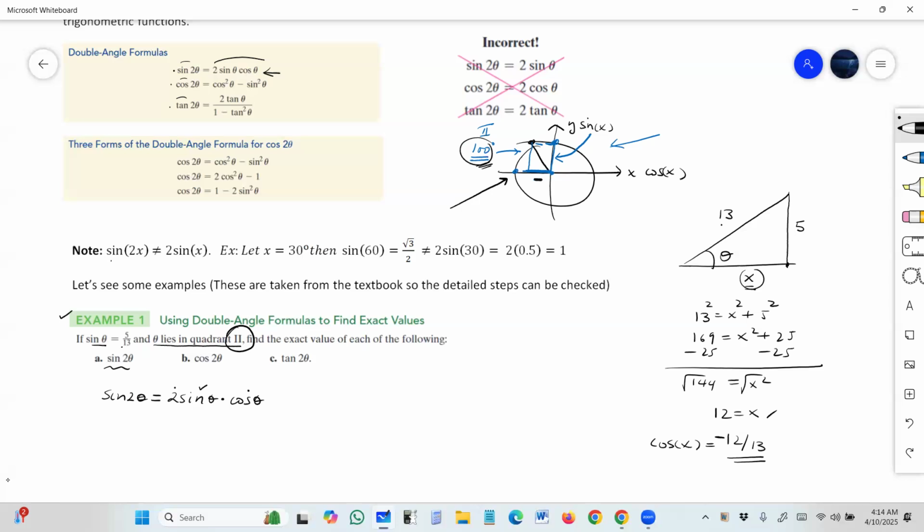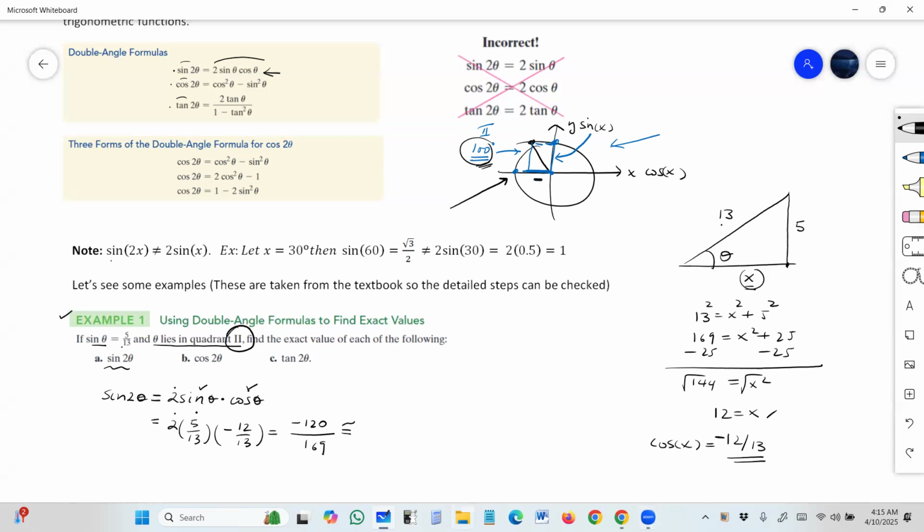So now that we know sine and cosine, we can use this formula. So 2 times 5 over 13, times negative 12 over 13, and that is equal to 10 times negative 12, and then 13 times 13, 169. And then I guess you can simplify this if you wanted to.